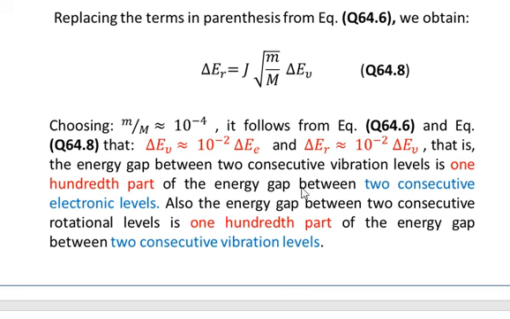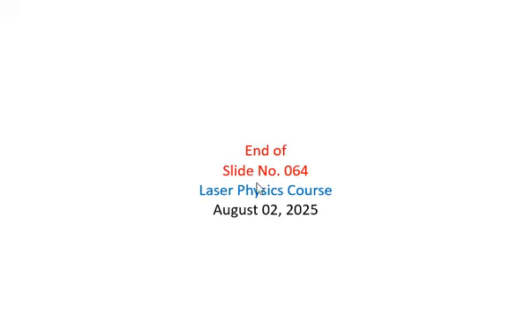And we have also compared the magnitudes of these energy differences with respect to the energy difference between two consecutive electronic states. So this completes the answer to the question. So this is the end of slide number 64.